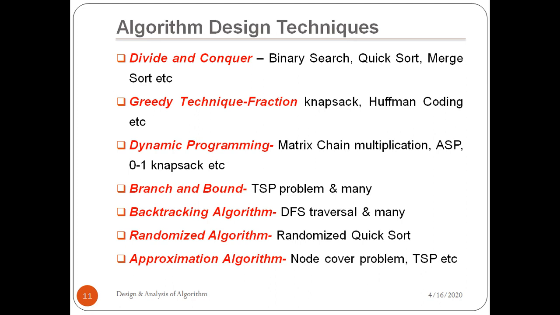Assume that one operation requires 1 cycle of CPU. Let's say z equal to x plus y. It will take 1 CPU cycle. So in 1 second we can perform how many such fundamental operations? We can perform 2 into 10 power 9 fundamental operations.